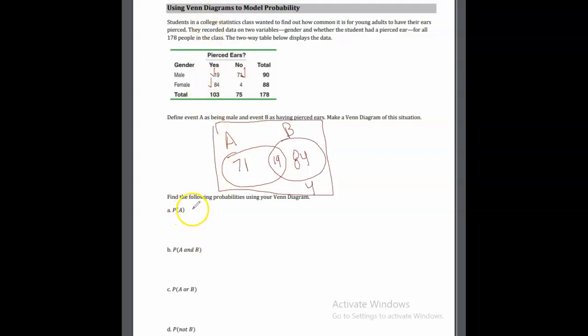So probability of A means probability of being male. I have 178 total. Of my males, I have 19 and 71. Probability of A and B means male and ears pierced, which is a little above 10%.